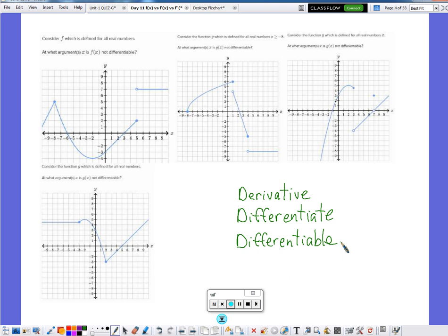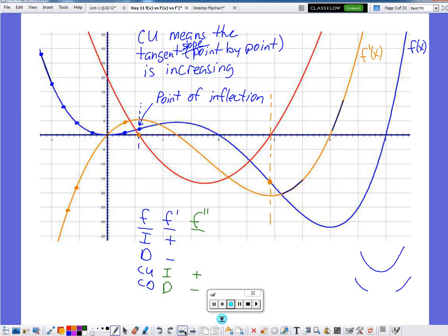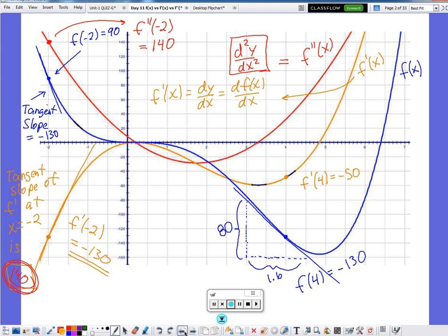So for example, back here, we talked about how at x equal -2, you can definitely find a tangent slope of f. That's why there's a point right here on f prime. So f is differentiable at x equal -2, because you can find the tangent slope at that point and create the point on f prime. Questions?